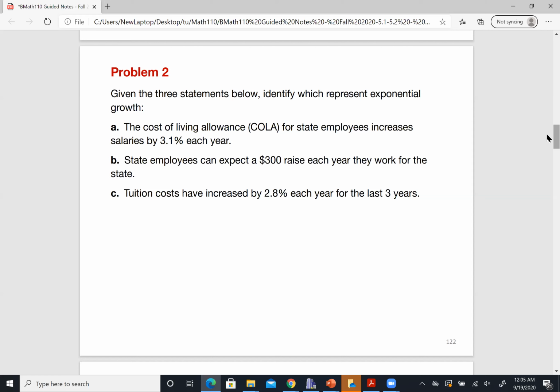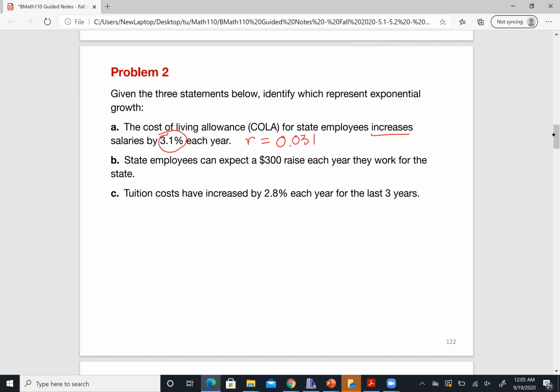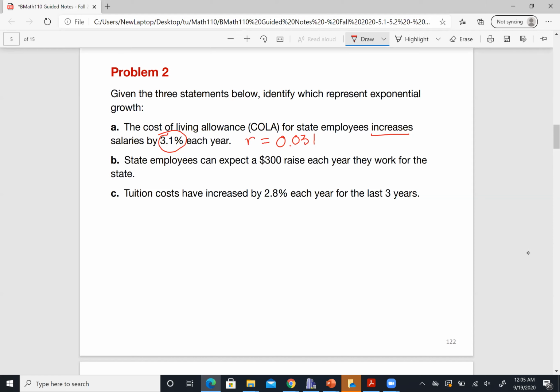So this 3.1% is the growth rate, right? Because it says increase. So this should be the growth rate, and the r in here should be 0.031. So that is for column A.